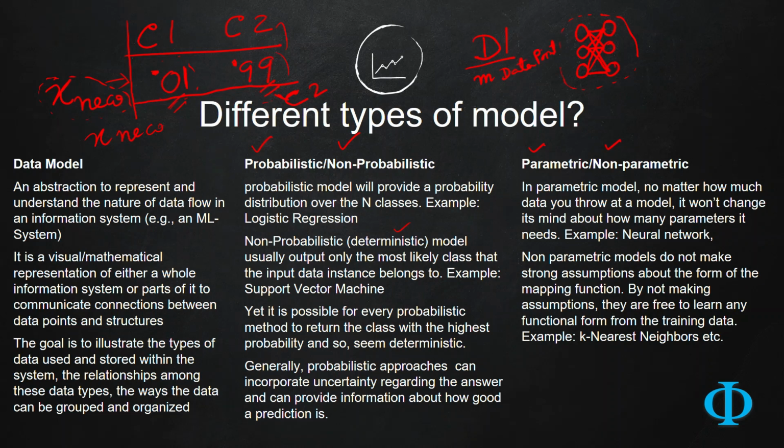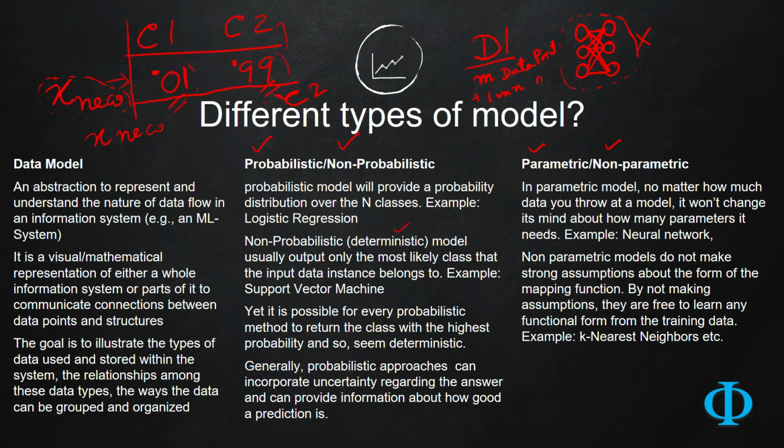Now let's say you have added several more data points, another 10 or 1000 or 1 million data points are added to this data set. And this addition of more data points is not going to change the structure of the neural network.